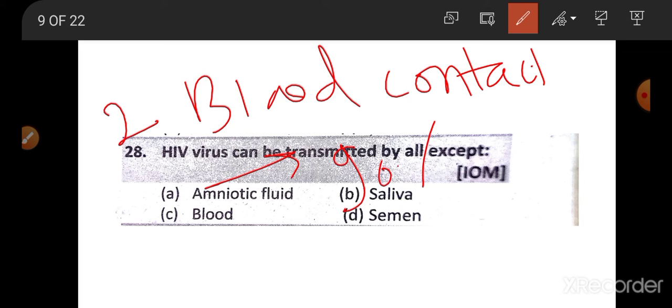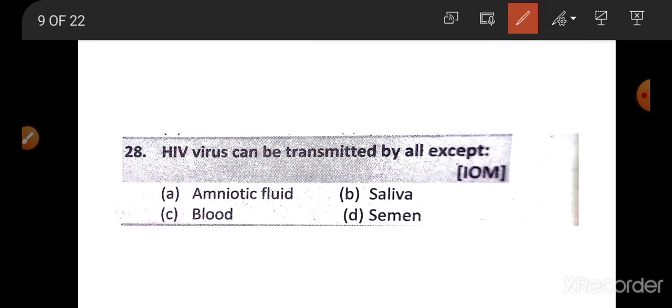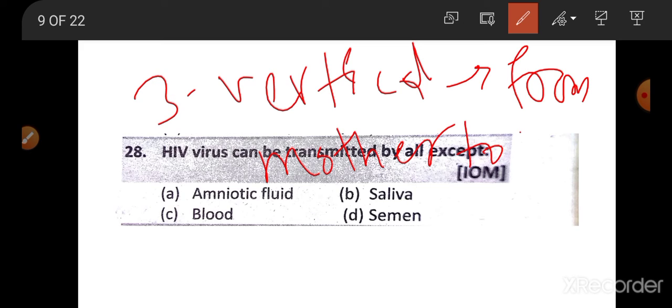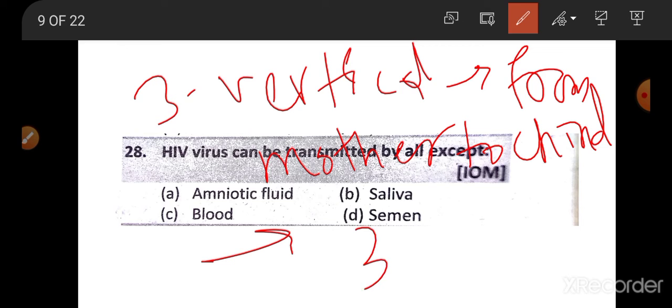Chances of transmission is more than 90%. And the last one, that is third, is vertical contact, from mother to child, in which the transmission rate is near to 30%.